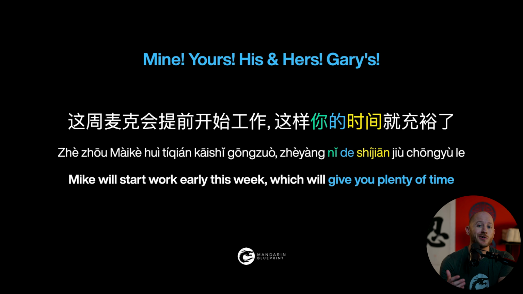Mike will start work early this week, which will give you plenty of time. That's a great word, by the way, 充裕. I guess 充, I always think of it as like 充电 is the word you use for charging up a phone. So it's like fully charged and fully free, 充裕. So that's a way of describing your time as being plenty.